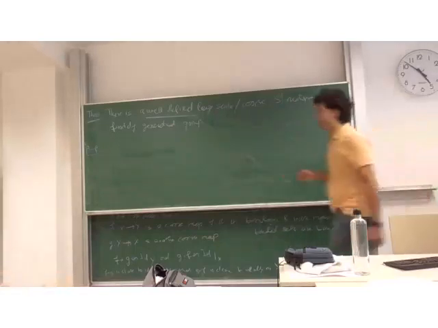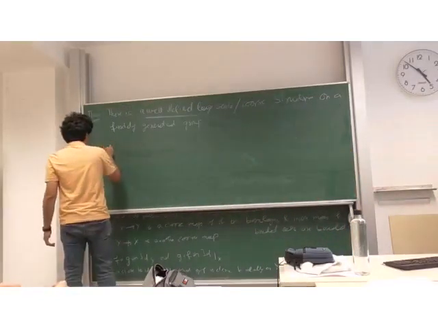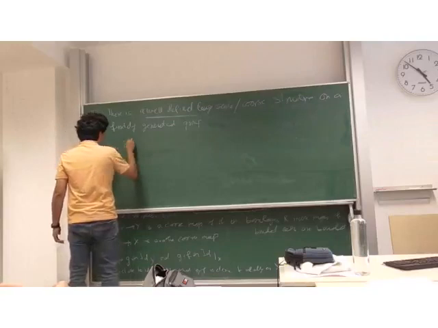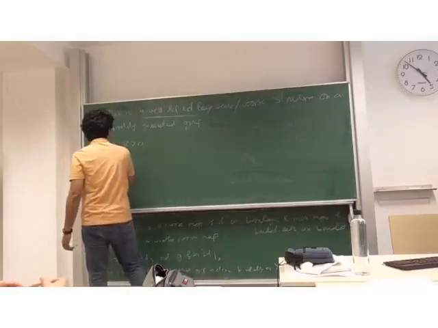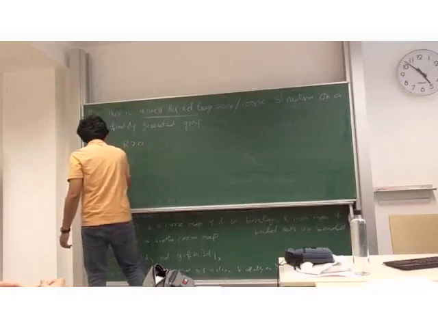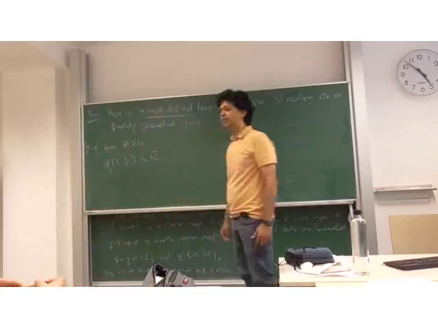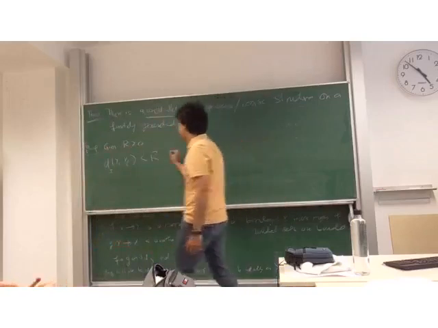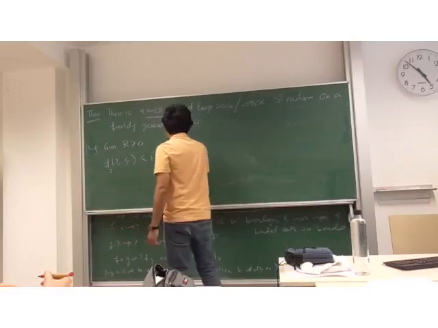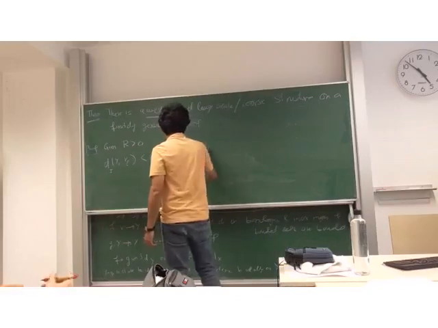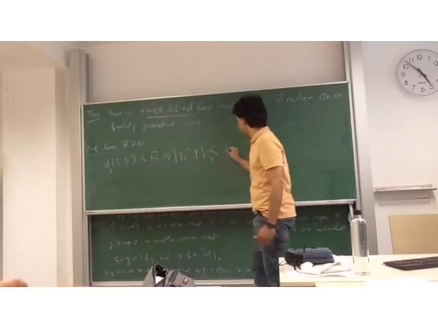So given r greater than 0, if the distance between gamma 1 and gamma 2 in the metric is less than r, what does that mean? It means that the word length of this thing with respect to this generator is less than r.